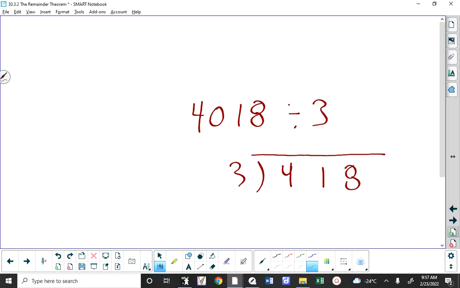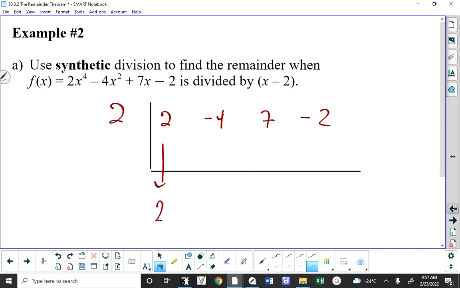You wouldn't do that, right? So even though there's no hundreds there, you have to specify that there are no hundreds there. When you take a look at this, there's no x cubeds. Well, then we better put a column for the x cubed and call it 0x cubed.